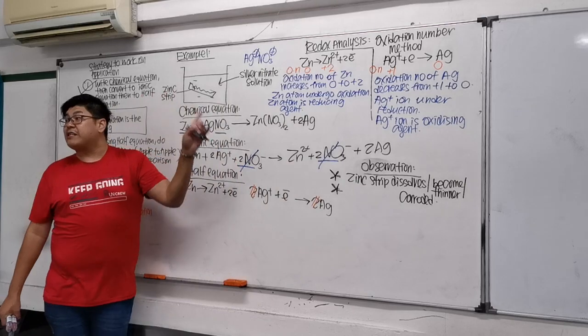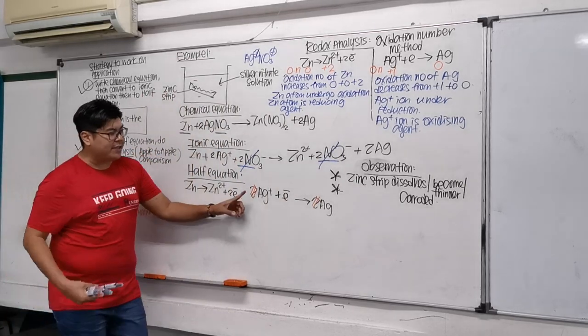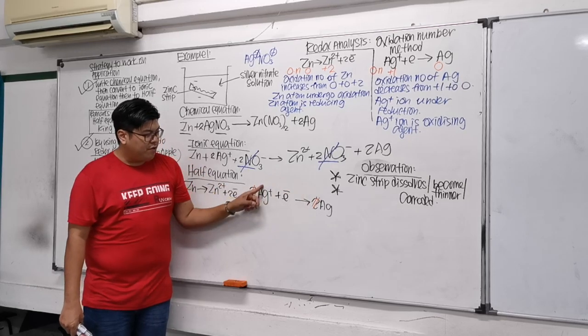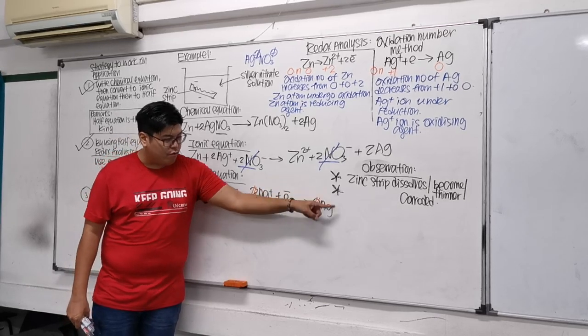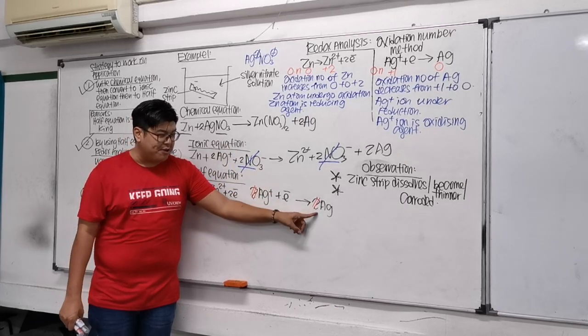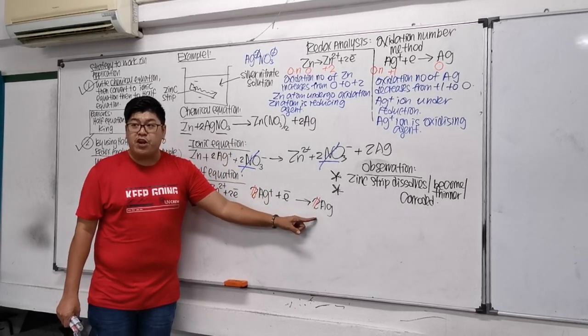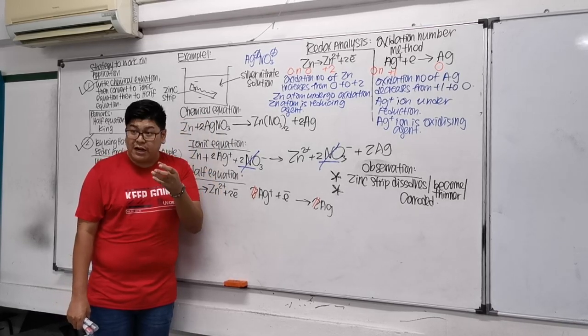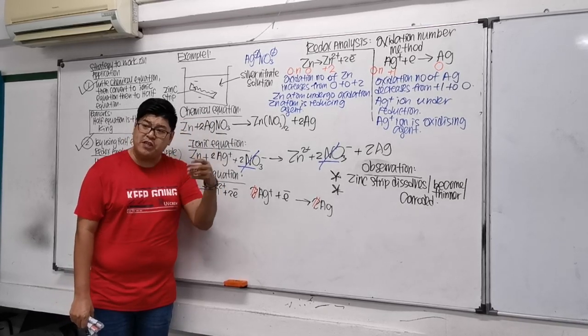Guys, let's try the second observation and the last one. What about this? Silver ion becomes silver. When you form a silver, when you produce a silver, every time you produce a metal, you will see a solid. Because we all know metal is supposed to be solid, right?